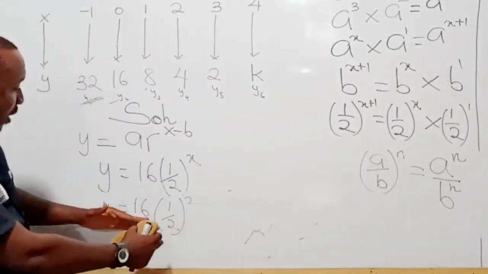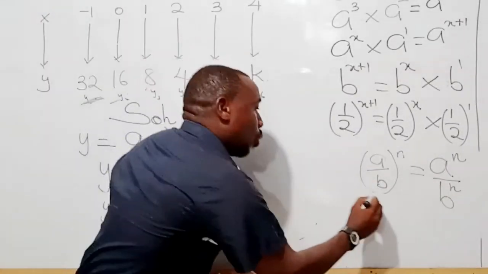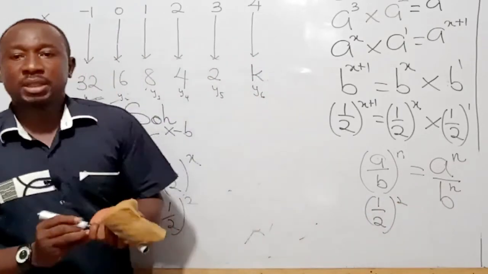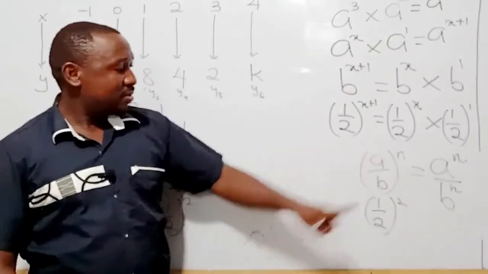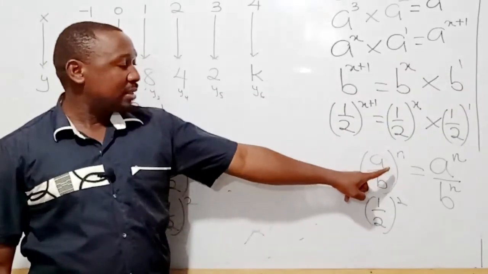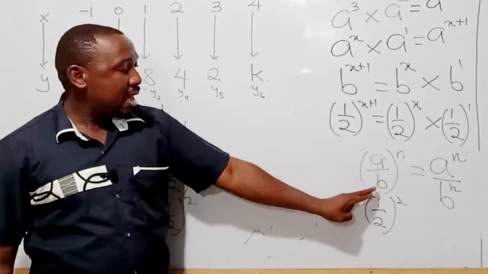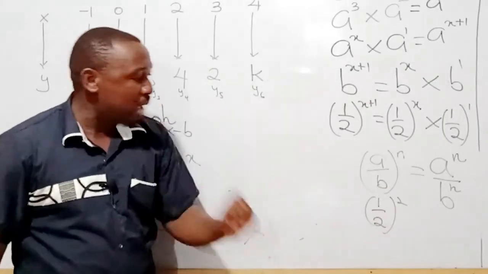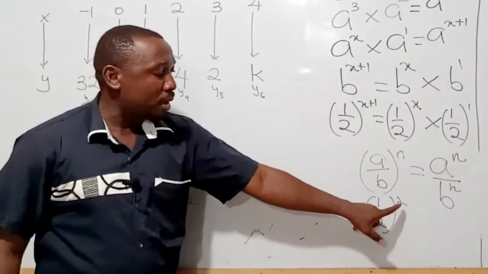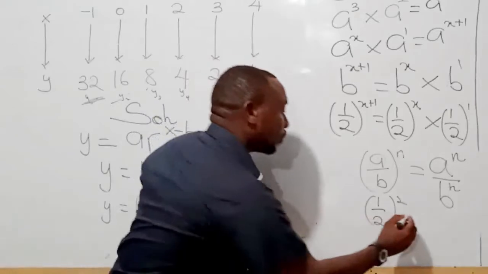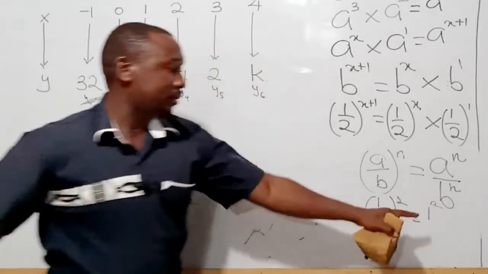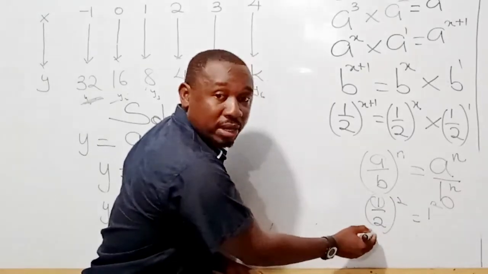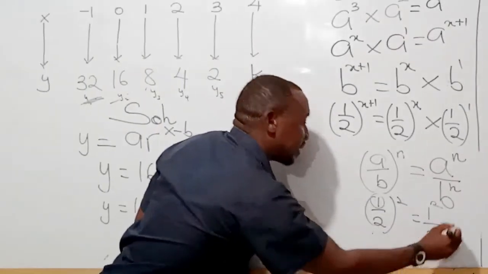Now look at what we have here. We have 1 out of 2 all squared. These are in, let's say, symbolic form, A out of B all to the power n. In this case, in specific form, we have 1 out of 2 all to the power 2. So it will be 1 squared. You take the numerator and then you square it. You take the denominator and then here 2 squared.